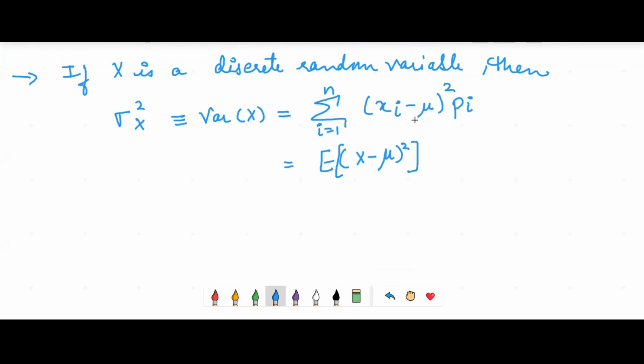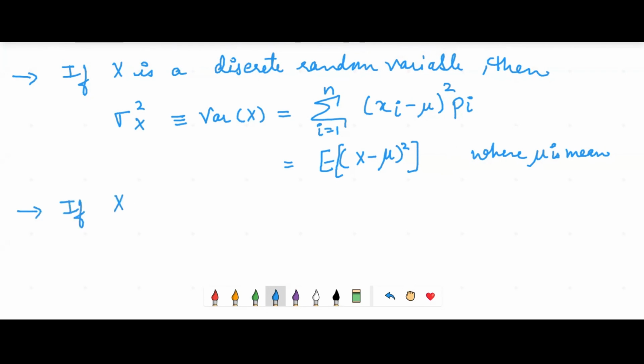So using that, you will get summation of pi (xi minus mu) whole square, where mu is the mean. Now, standard deviation would be just the square root of this. It is very easy, as I have explained.